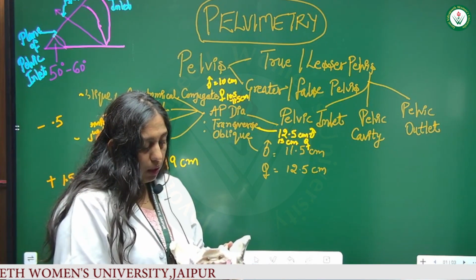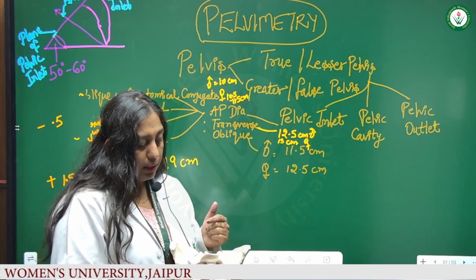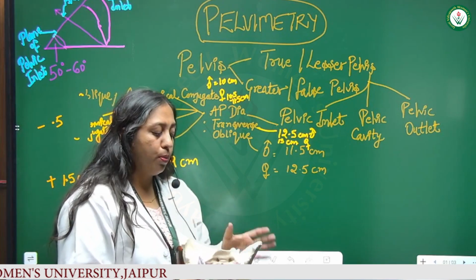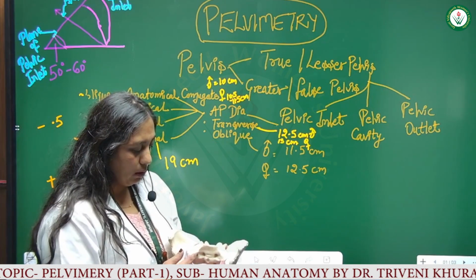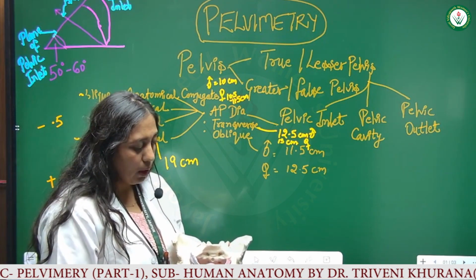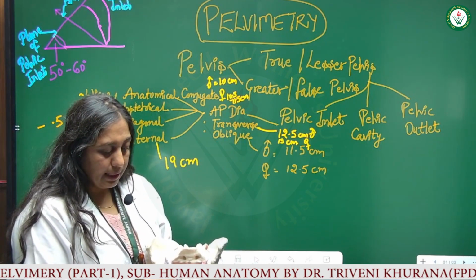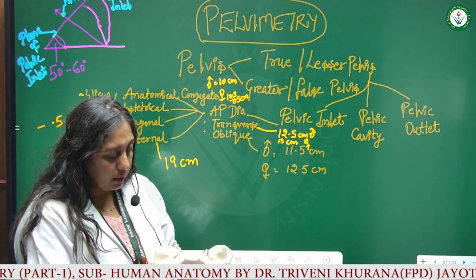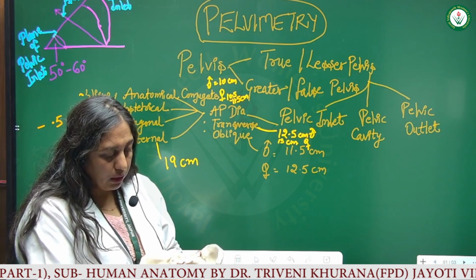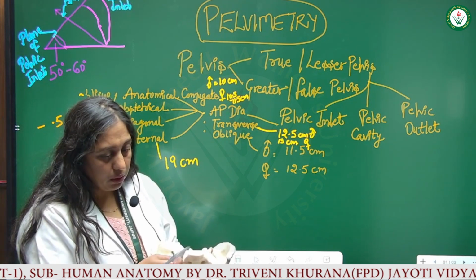Now let's talk about our anterior posterior diameter. In the anterior posterior diameter, we have the anatomical conjugate. The anatomical conjugate is the distance extending from the superior margin of the pubic symphysis up to the midpoint of the sacral promontory. Let's measure the diameter.